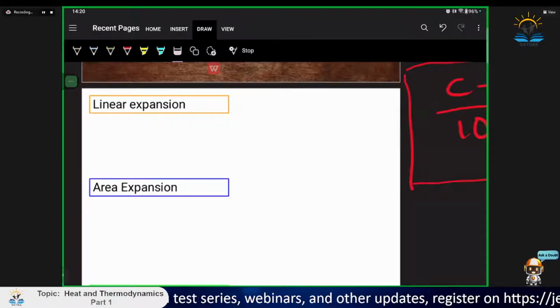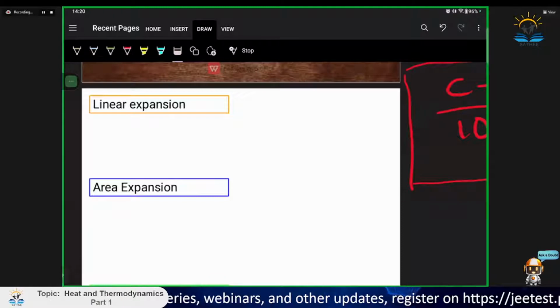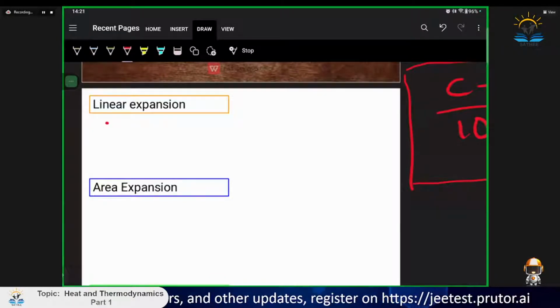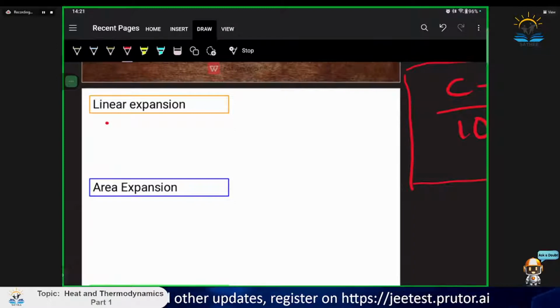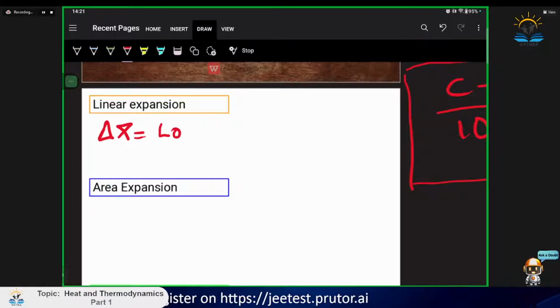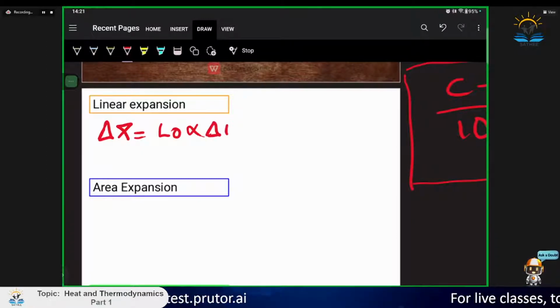So we can find that change in length. Here we just want to know the equation very clearly. That change in length, delta L, is equal to L0 alpha delta T, where L0 is the initial length and alpha is the coefficient of linear expansion.